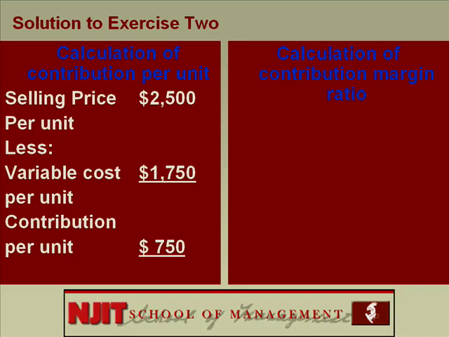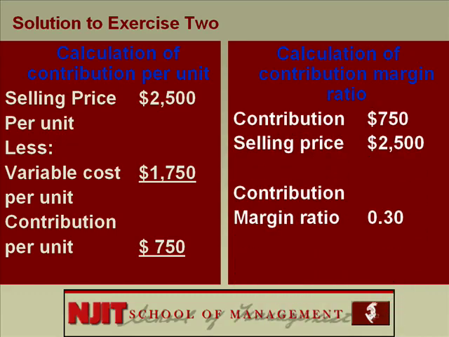Doesn't matter, get the same answer. So what's the contribution margin ratio in this problem? The contribution is $750. You can see it on your left. The selling price is $2,500. So contribution over selling price is the contribution margin ratio, which is 0.3. It tells you that contribution is around 30% of your sales.